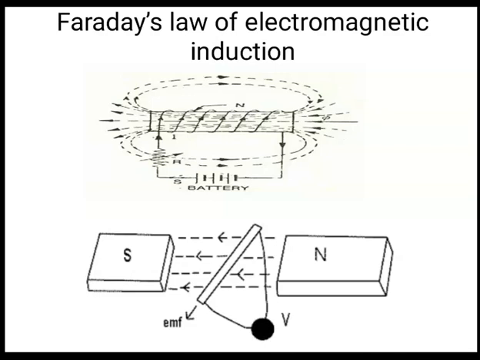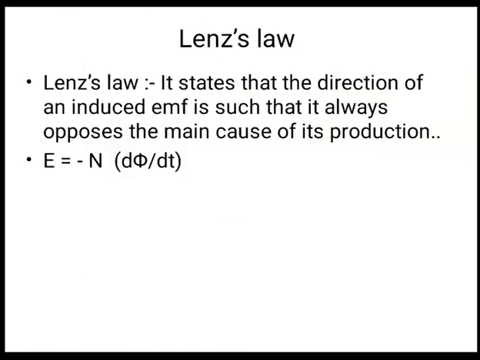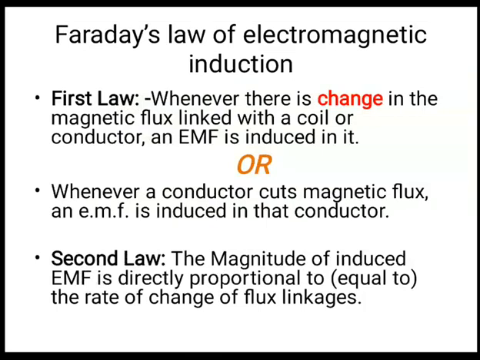And if it is cutting only one or two or three times, very slowly, the induced EMF is very less. So if the rate of change of flux is high, the induced EMF is also very high. So this is the second law.